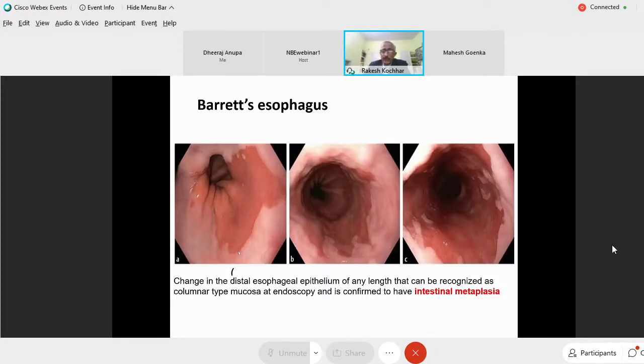Now what is Barrett's esophagus? Barrett's esophagus is when the gastric mucosa extends onto the esophageal side, or the esophageal mucosa is replaced by gastric mucosa. It is not only gastric mucosa, but it has to have histologically intestinal metaplasia.